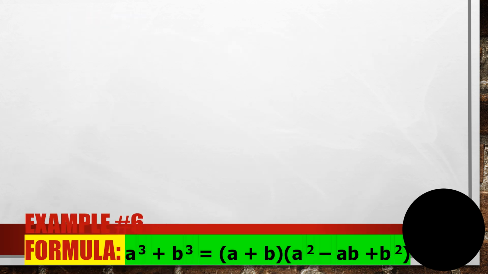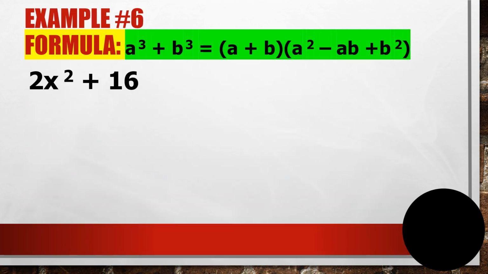Alright, next example. We have here 2x. Okay, it's supposed to be cube. It's 2x cubed plus 16. Let me erase it. We will change it into cube. Okay, it is 2x cubed plus 16. Now, based from the given expression, we cannot solve it directly using the sum of two cubes. So first thing to do here is to find its GCF by solving the common monomial factoring.